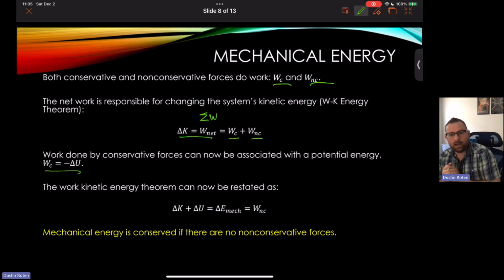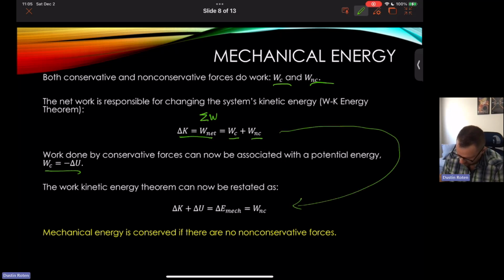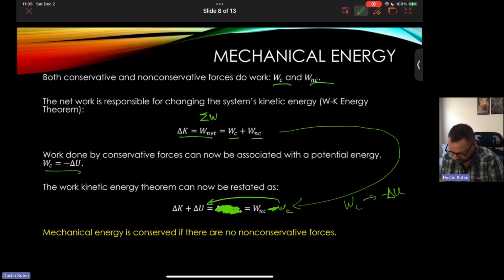So what we can do is rewrite the work kinetic energy theorem. I'm going to replace W_C from up here with the negative change of the potential energy, and then move it over to the other side. So I'll briefly get rid of this, and you'll see that where there was a plus W, there's a minus W, because it's the negative of the potential, and I just added that over to the other side.